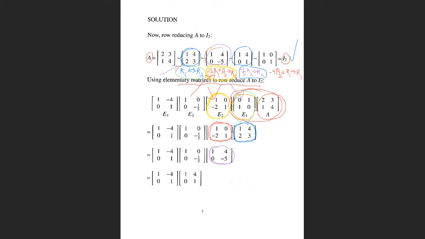Well, here's the E3 matrix. That's the same as taking the identity and multiplying the second row of the identity by -1/5. Okay.